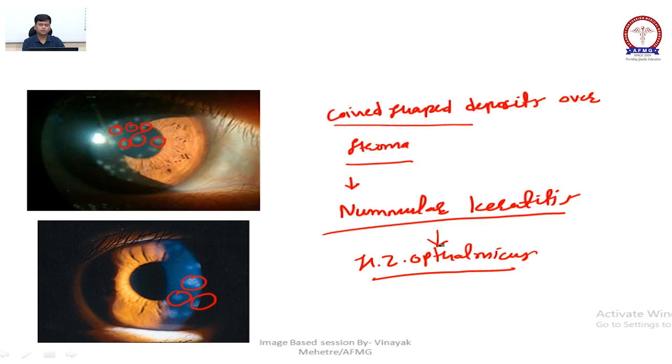Okay, you should know this one. This is already asked. Question was nummular keratitis is seen in herpes zoster, not herpes simplex.